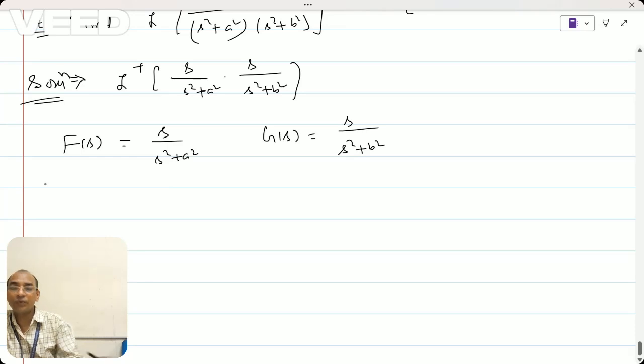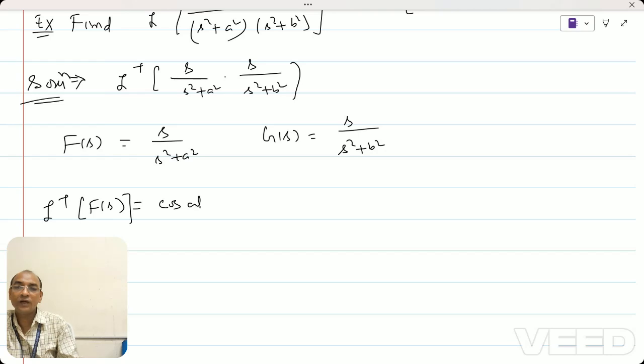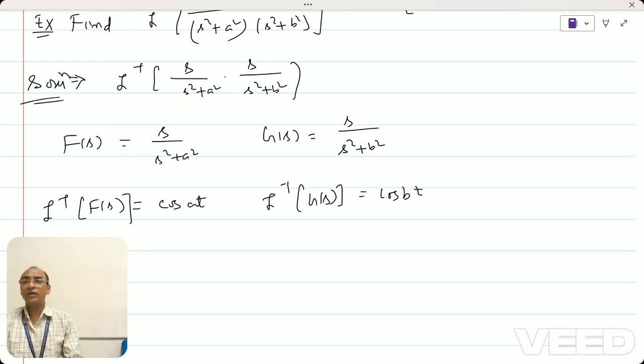Now what I will find is L inverse of F(s), which will be nothing but cos at, and L inverse of G(s) will be nothing but cos bt.